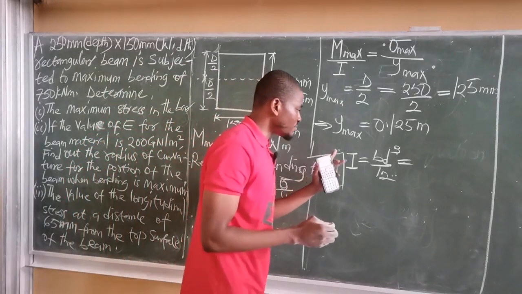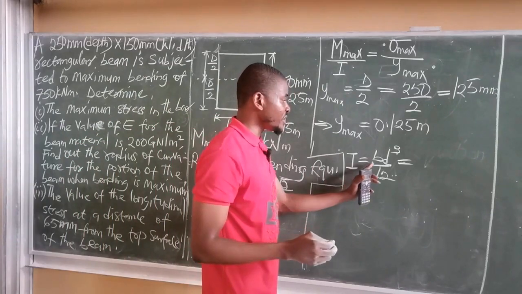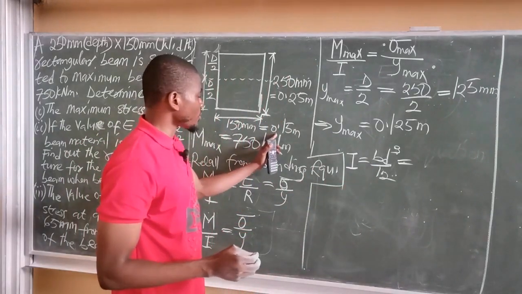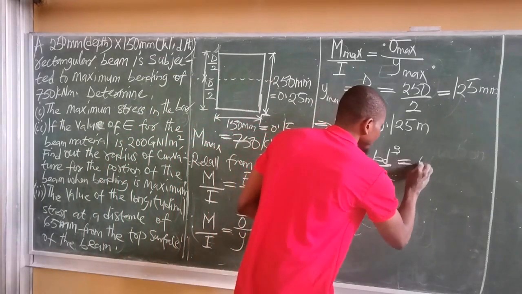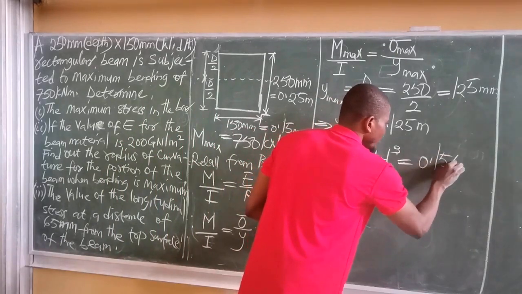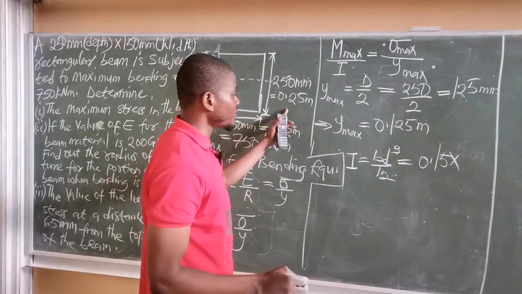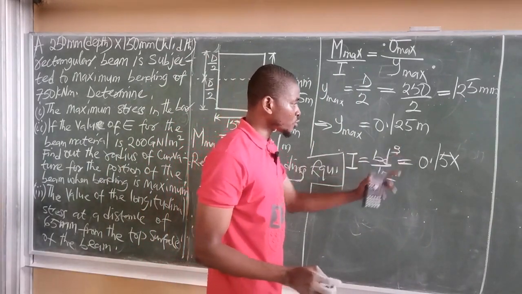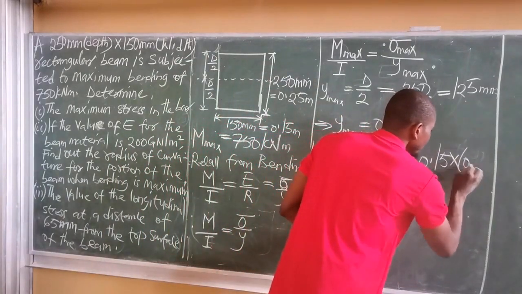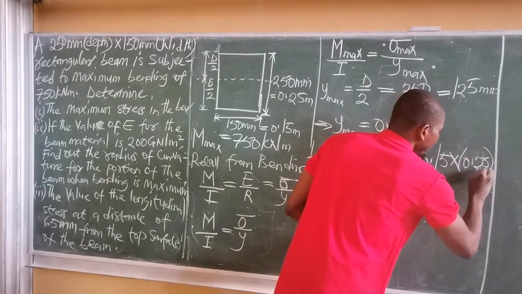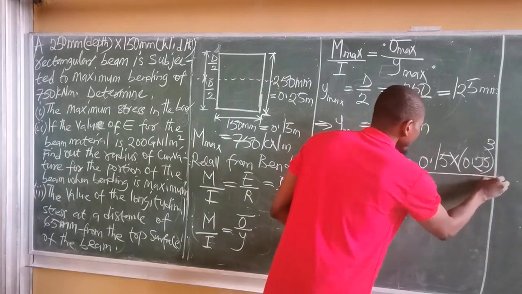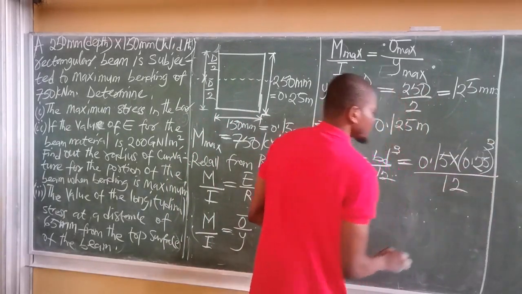So the moment of inertia now becomes, B is the width and the width is 0.15, multiplied by D is the depth, and the depth now is 0.25. So remember here, depth cube. So it simply becomes 0.25 to the power of 3 all over 12.